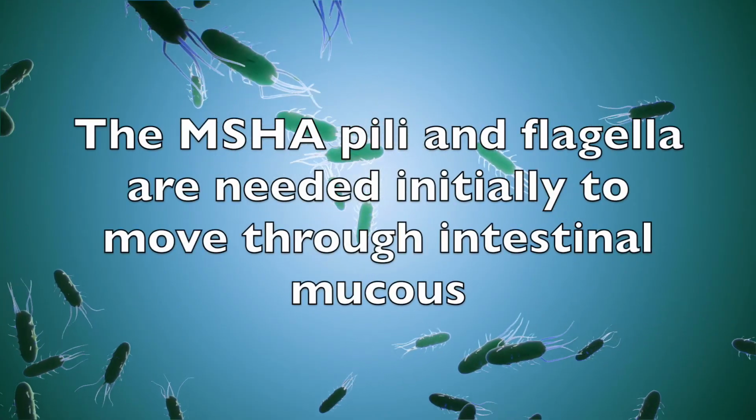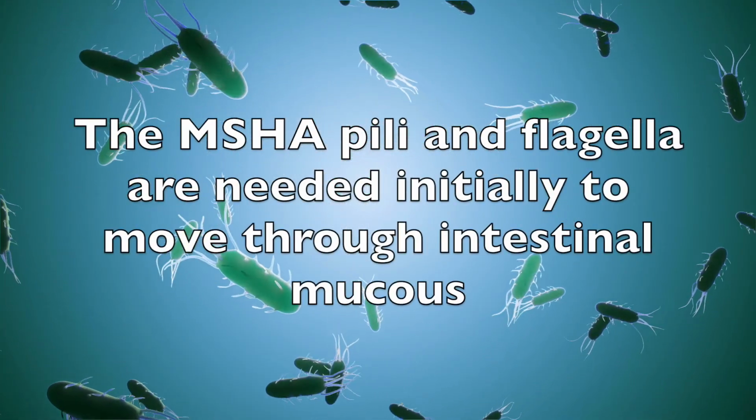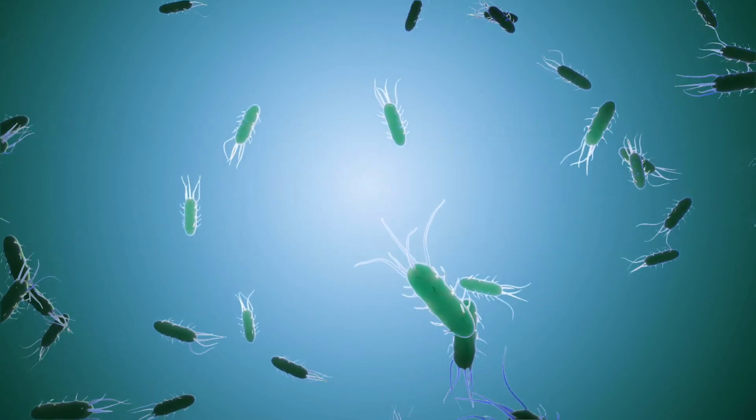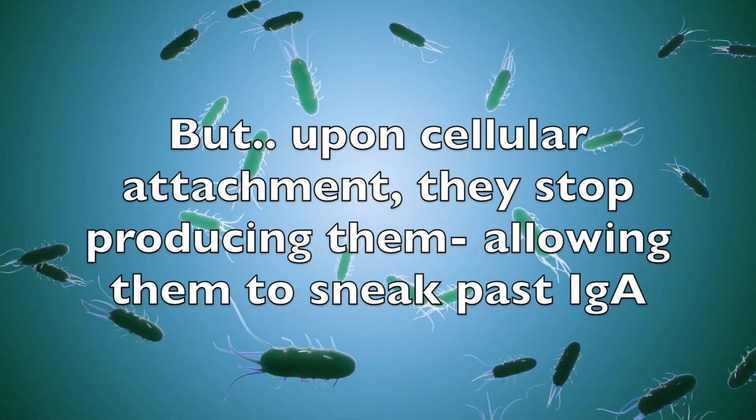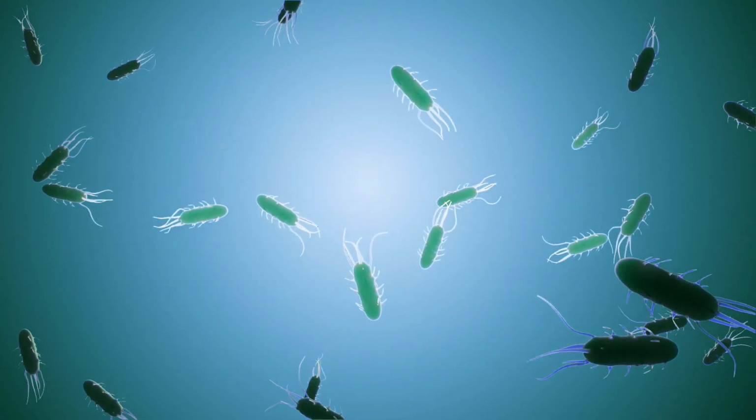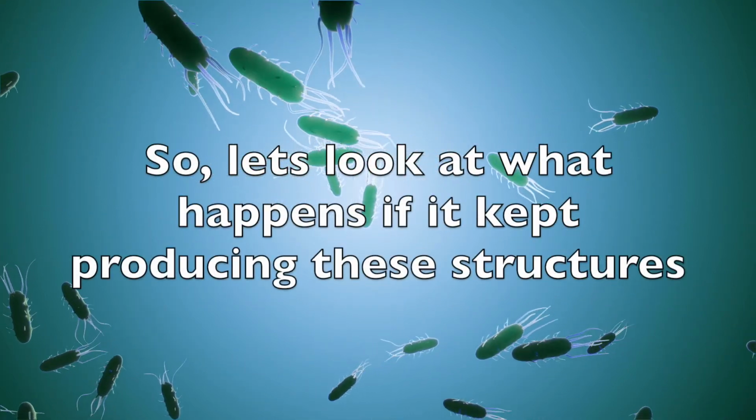The MSHA pili and flagella are needed initially to move through intestinal mucus, but upon cellular attachment, they stop producing them, and this is what allows them to sneak past IgA. If they kept them, IgA would be able to recognize them and mark it for destruction.